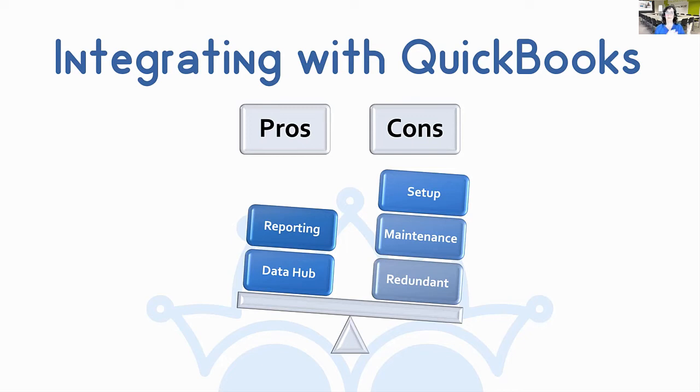For instance, maybe you have a website and you sell things on eBay, and you go to trade shows, so if you have a lot of different places, it becomes that centralized data hub, and then you integrate with all of the different sales channels to bring it all together in one place. So that's the pro of using QuickBooks Online or QuickBooks as your hub, is that it becomes a real data hub for everything that you have going on, so that you can look in one place to get the big picture and get an idea of what's happening.